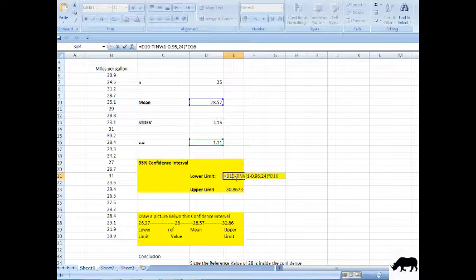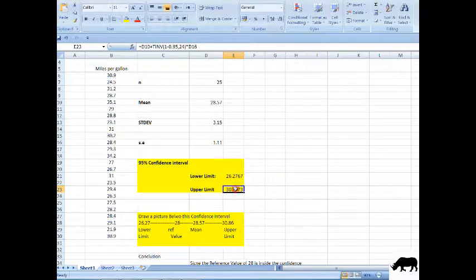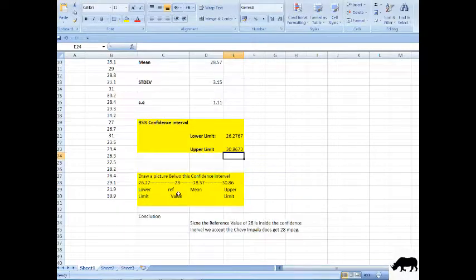To achieve the lower limit we use minus, to achieve the upper limit we use the plus sign, and the rest of the formula is the same. And then we draw this picture. The lower limit is 26.27, the reference value is 28, 28.57 is the mean here, and 30.86 is the upper limit.